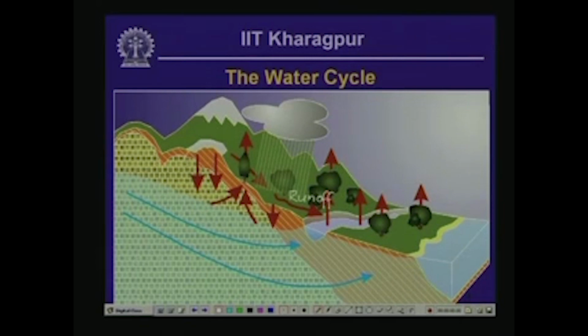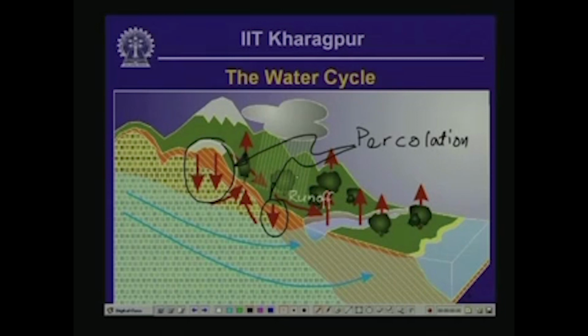So this one here is the percolation that we just now talked about, infiltration and percolation. Then a portion of the water falling on the surface is going to actually move downslope and directly recharge some surface streams.